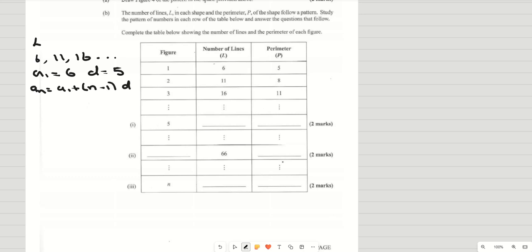You use these values because you want to find out when your figure is N. So wherever you see N, you leave it as AN. A1 is 6, so it's going to be 6 plus, open bracket, N minus 1, times the difference of 5. After you have that, you do your brackets first. When we have a number directly outside the bracket, you multiply 5 by N and 5 by minus 1.